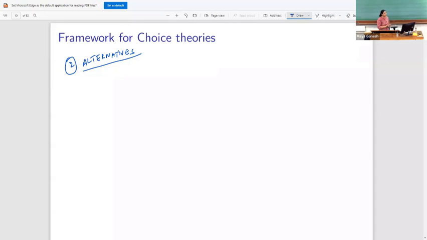The environment of the decision maker decides what are all the alternatives that are available to me, and we call that the universal set of alternatives. For any single decision maker, what I typically have is a subset of this universal set, which we call the choice set.